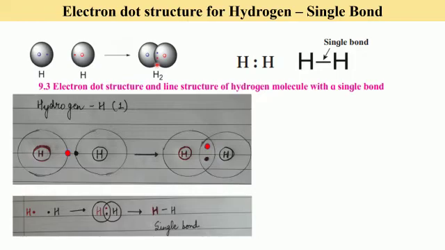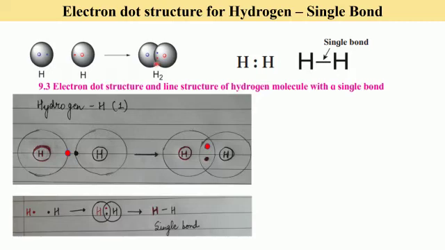You can see that it is lying in the region that is overlapping the two circles or the valence shell. And since only one pair of electrons is being shared between two atoms, it is called a single bond. So one pair is equivalent to 2 electrons.